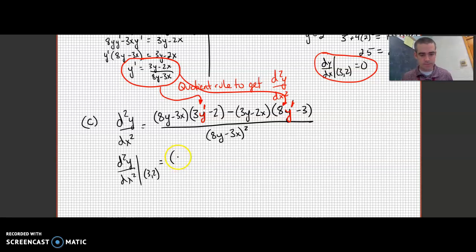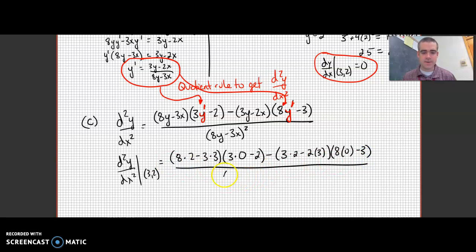This is going to become 8 times our y value, which is 2, minus 3 times 3 times 3 times, and our y' is 0 there. Again, I can write 3 times 2 minus 2 times 3. Again, the y' is going to be 0. I'm going to write a 0 in there, minus 3.